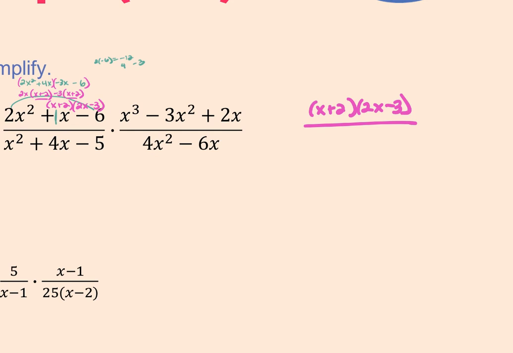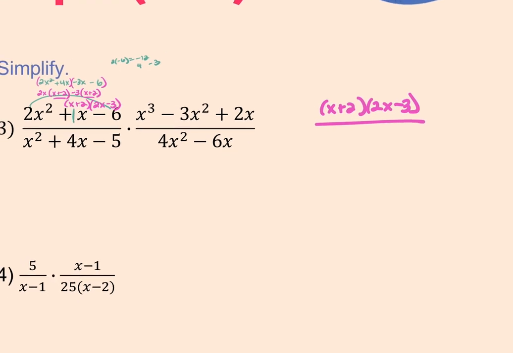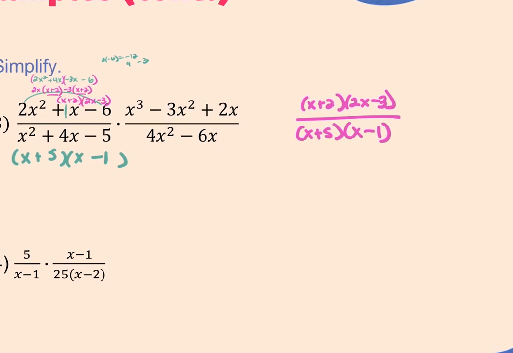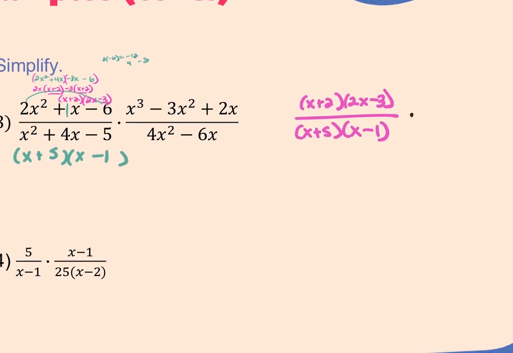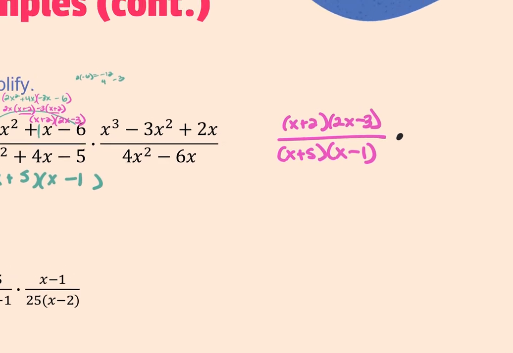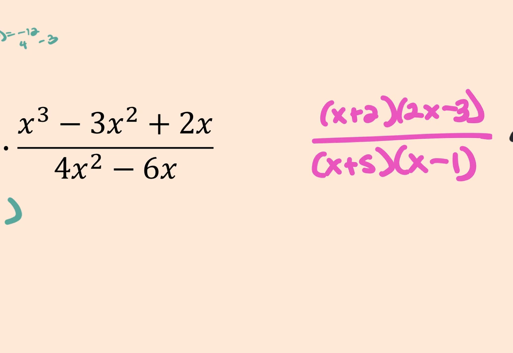Then I'm going to go underneath there. So x squared plus 4x minus 5 would factor into x plus 5 and x minus 1. That's the denominator of the first fraction. And then it's multiply. And I'm going to factor the top right. How do I do that?